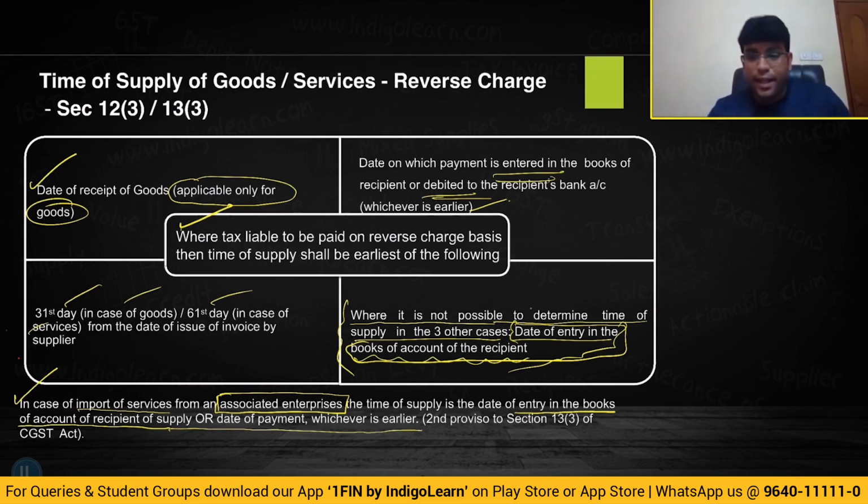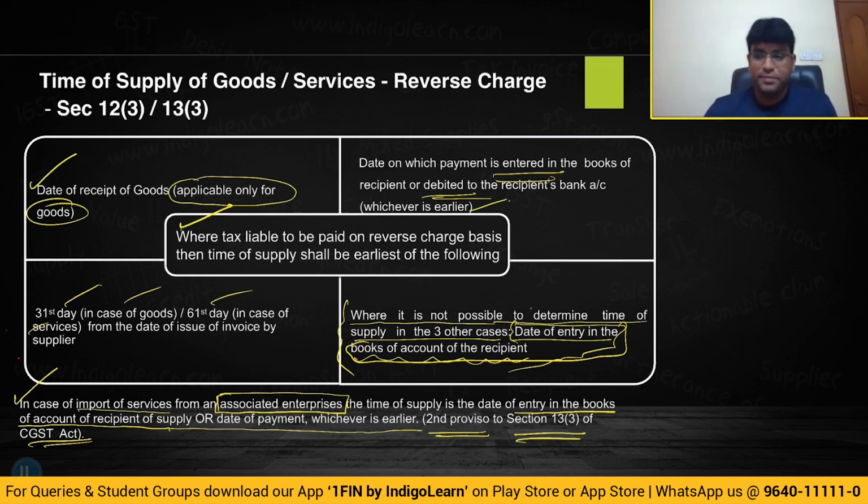Date of entry in the books of recipient means when the recipient recorded the entry in his books of account, or the date of payment, whichever is earlier. That becomes my answer. And this concept is given by the second proviso to section 13(3) of the CGST Act.